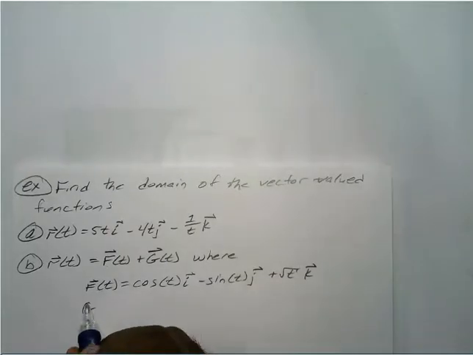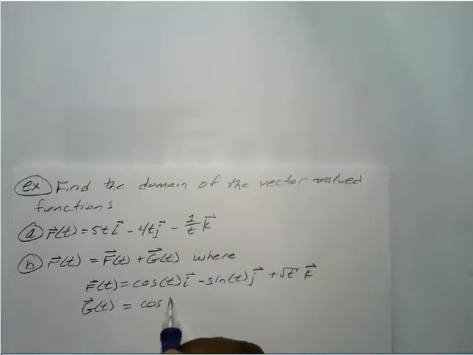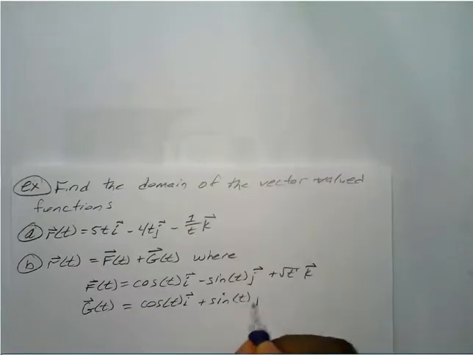And g vector of t is equal to cosine of t times the i vector plus sine of t times the j vector.